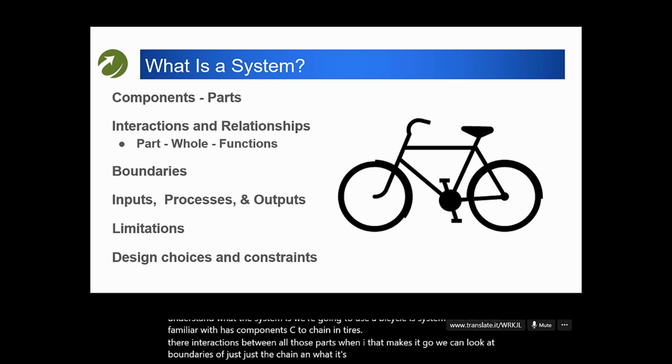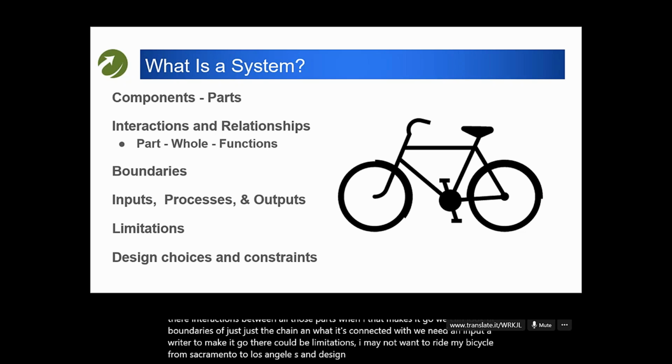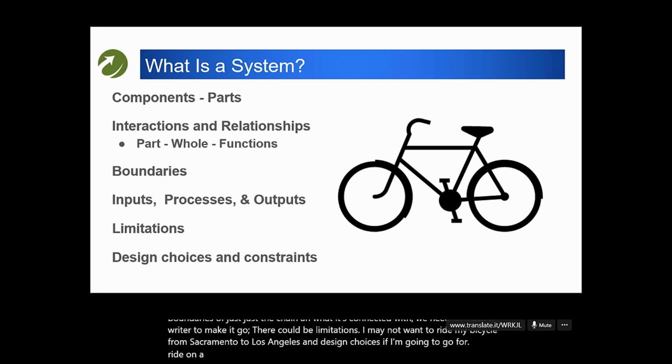We need an input, a rider, to make it go. There could be limitations. I may not want to ride my bicycle from Sacramento to Los Angeles. And design choices. If I'm going to go for a ride on a rocky trail out in nature, I'm probably not going to want to take a racing bike. Yeah, so lots of things come in place when we look at a system.